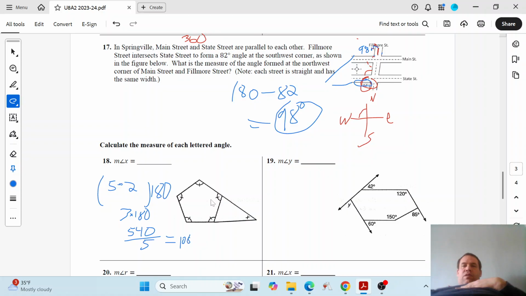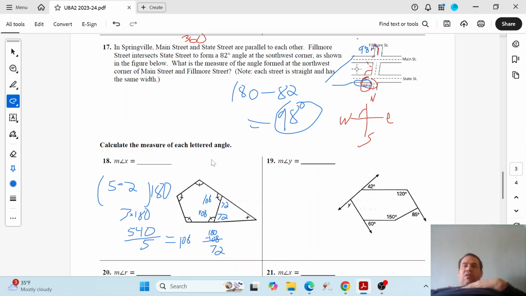And so if each one of these is 108 degrees, then we can figure out what those little angles are. So if we take 180 minus 108, we get what, 78? No, 72. And so this guy's 72, and this guy's 72.